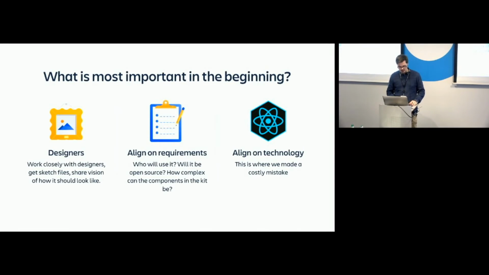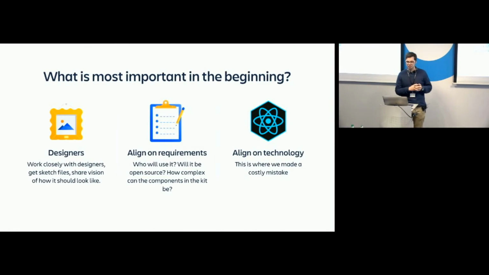And finally, and the most important thing, is to align on the technology that you would use to build the kit. And here we at Tempo made a crucial mistake, which ended up costing us a lot of time and frustration. We did not reach an alignment within this UI discipline.